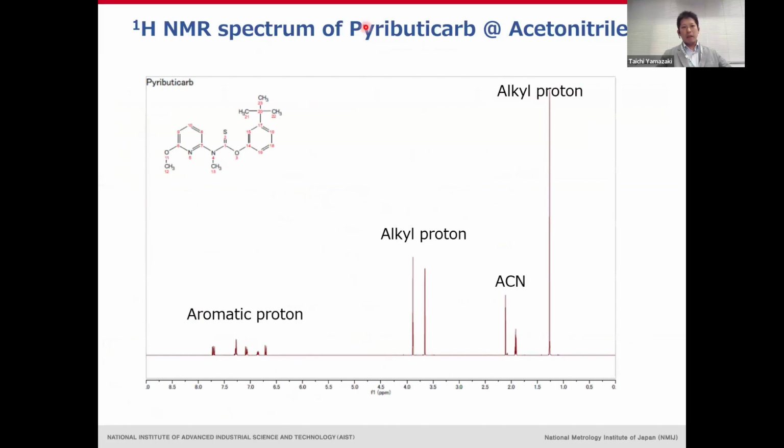Here is the NMR spectrum for the pesticide in acetonitrile. There are alkyl protons showing tertiary butyl, O-methyl and N-methyl, and aromatic protons showing benzoic ring and pyridine rings.